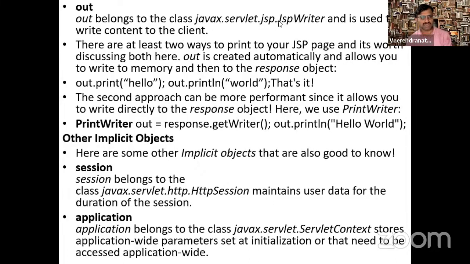Whenever I say out, it is meant for writing something out, to print in the HTML page. So to print the hypertext, we are going to use the out object.